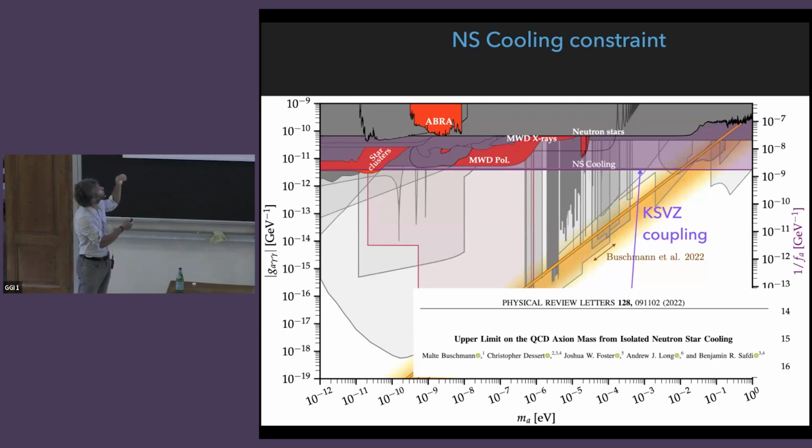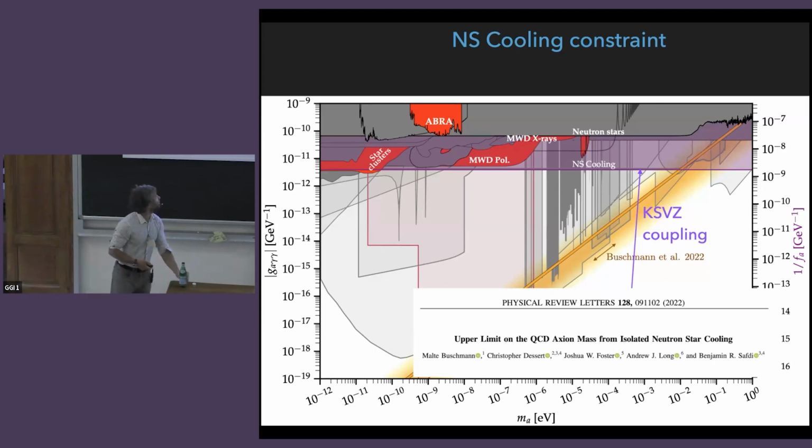Of course, you have to make some model choices to go from the axion-nucleon coupling to the axion-photon coupling. But with KSVZ-like model choices, you can think of the constraint as being roughly what's shown here. And the really annoying part of this whole game is that all of these constraints are essentially the same, which is just really weird.